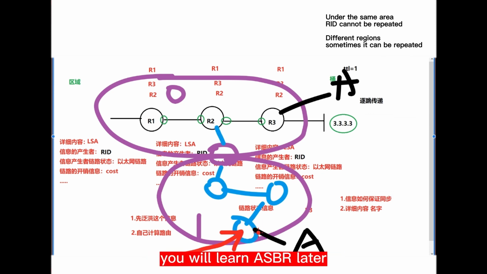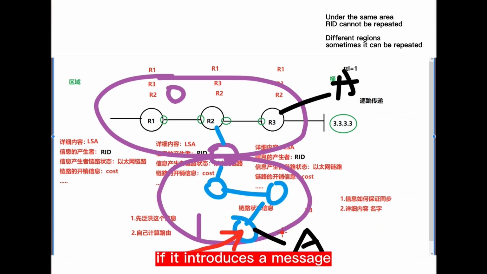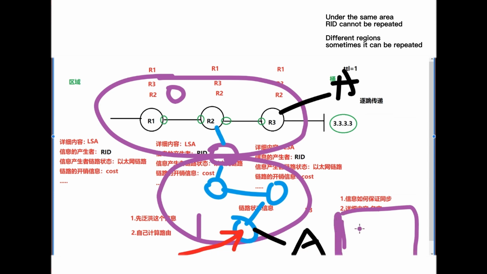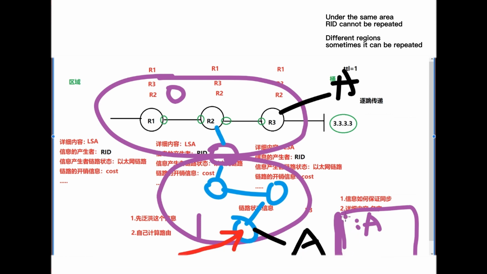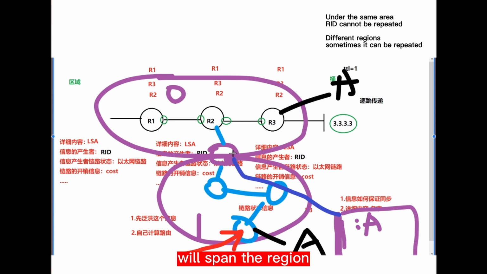You will learn ASBR later. It is equivalent to an externally introduced router. If it introduces a message, then it will generate a link state message at this time, identifying that this is generated by device A. Then the message it generates will span the area to other areas.